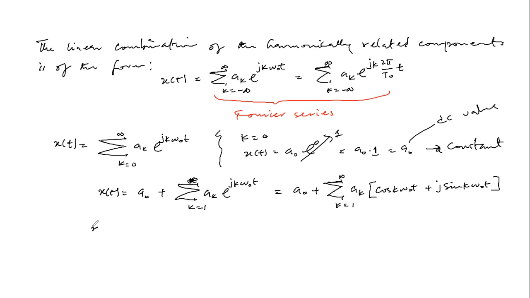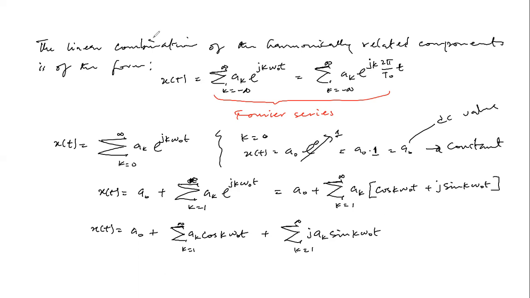So S of t equals a naught plus the summation of a sub k cos k omega naught t plus the summation of j a sub k sine k omega t.